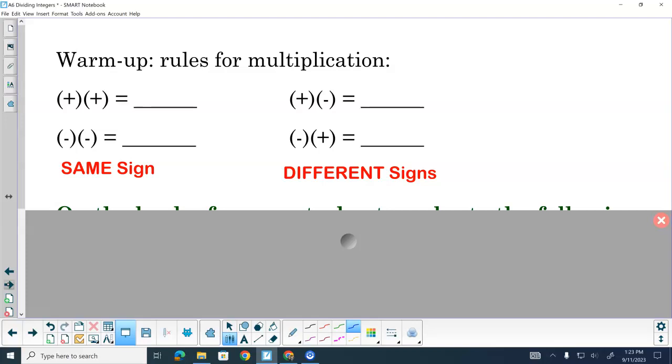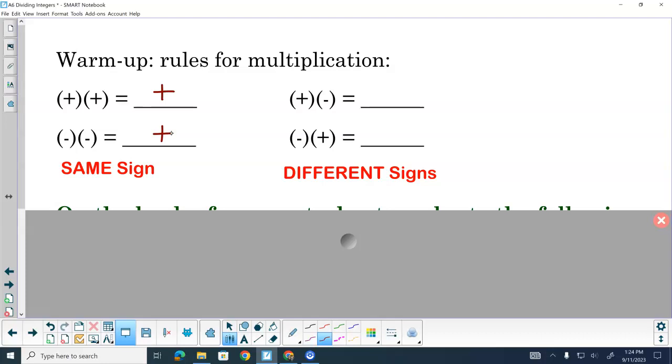If the signs are the same and we're multiplying, what's our answer? Positive, right? Positive times a positive is going to be positive. Negative times a negative is going to be positive. So in terms of multiplication, if the signs are the same, it's positive.